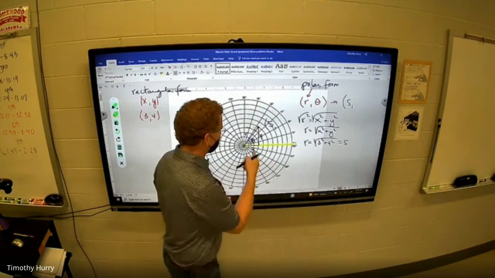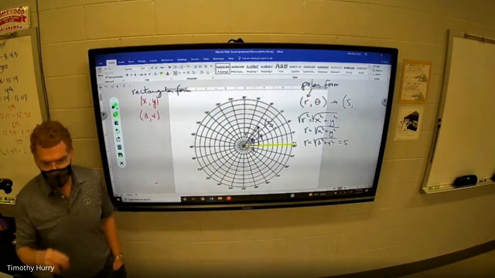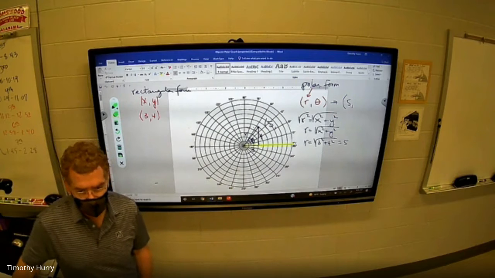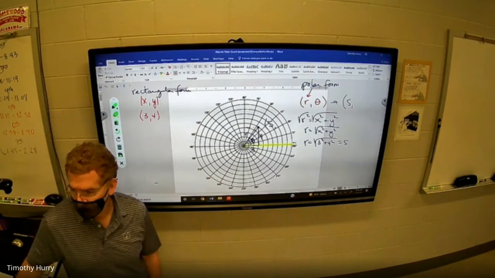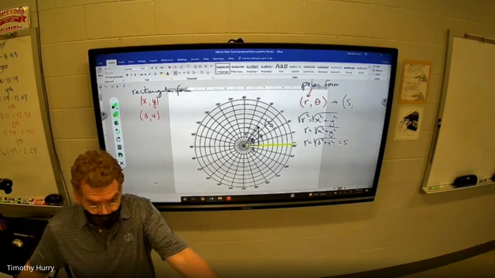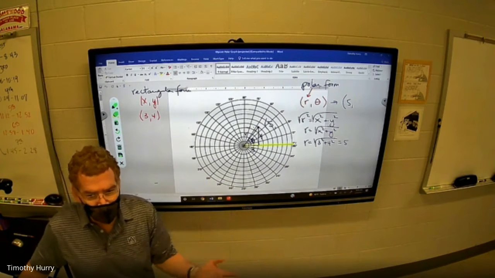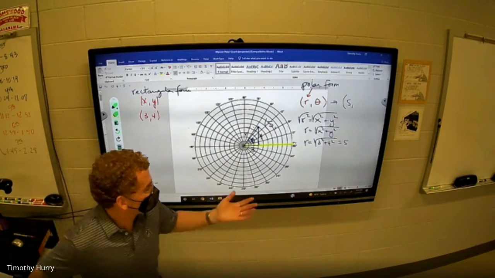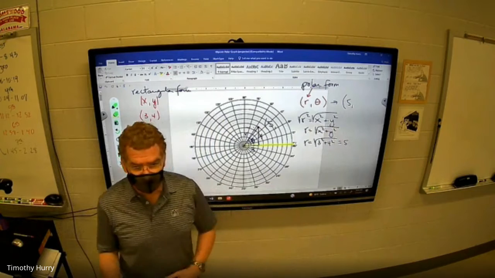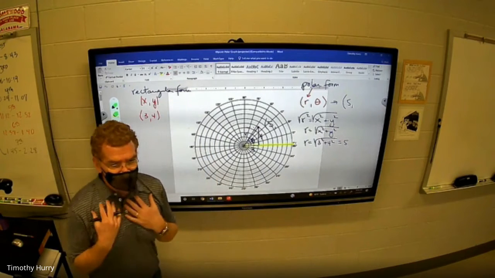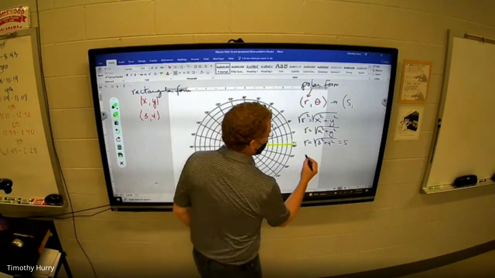Now, how am I going to find my angle? I can use sine and cosine now that I have the number 5, but what if I found 5 wrongly? What if I accidentally made a mistake? Then I would be using that mistake. Is there a trig function that uses X's and Y's? Tangent. So I'm going to use tangent to find the angle. And that makes sense, right?